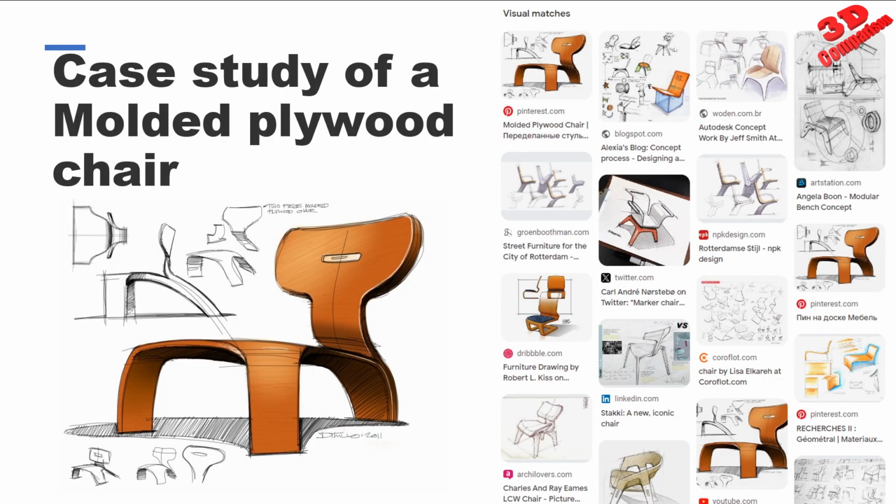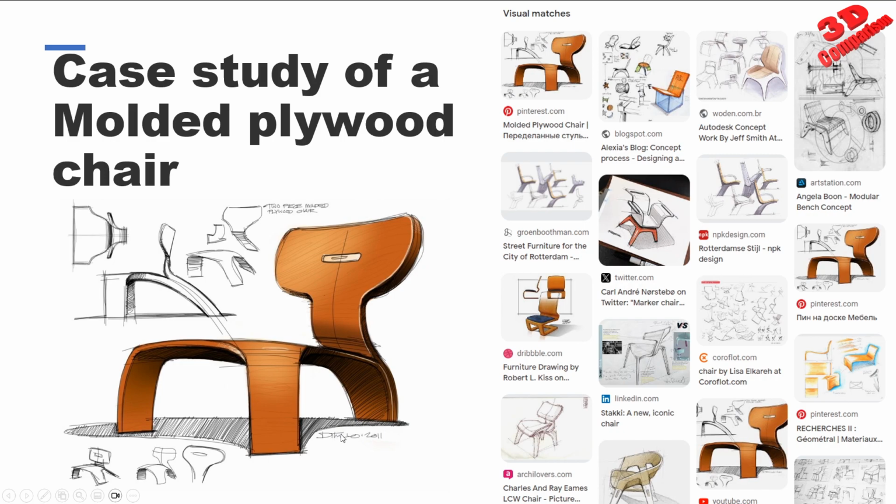Okay, so now for the case study of this video, it will be made on this plywood chair. I don't know exactly who the original author is. As we can see over here, I did a visual match on Google, and I see that same photo added on various Pinterest posts or a YouTube channel.